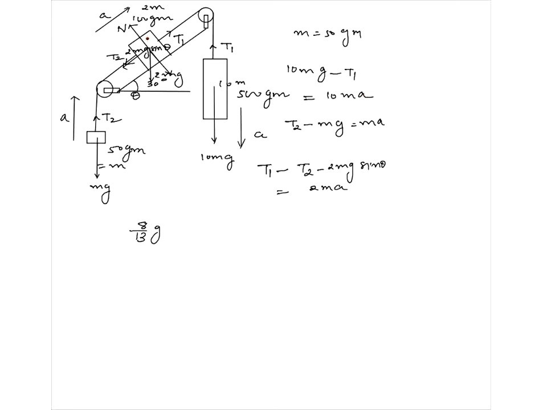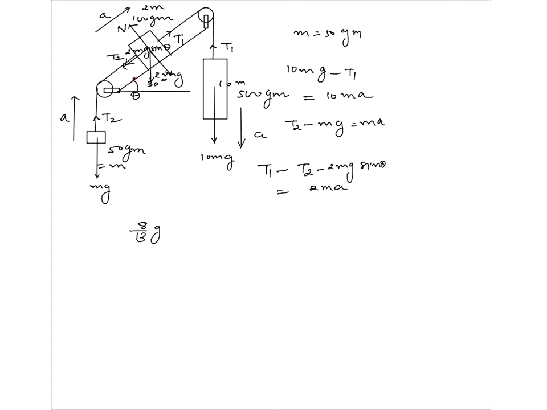Then going here, it is accelerating towards that side. So watch out for net force in this direction. That will be T1 minus T2. Right? And of course, gravitational is also there. So mass is 2m. 2 mg is acting downwards.